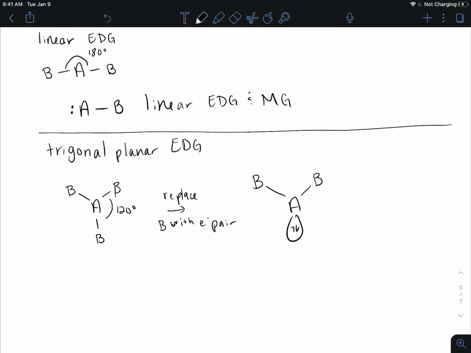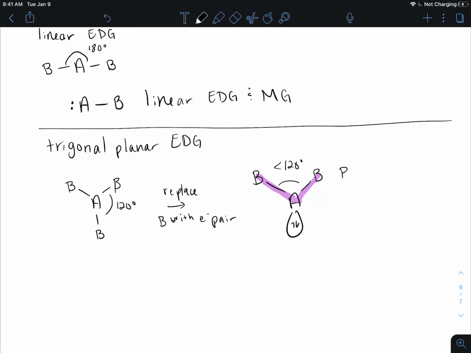Because our electron pair is going to be more repulsive than our bonding electrons, this is going to be less than 120-degree bond angle. And looking at just the atoms of this structure, we get a bent molecular geometry.